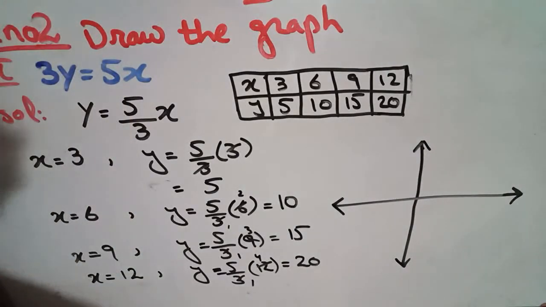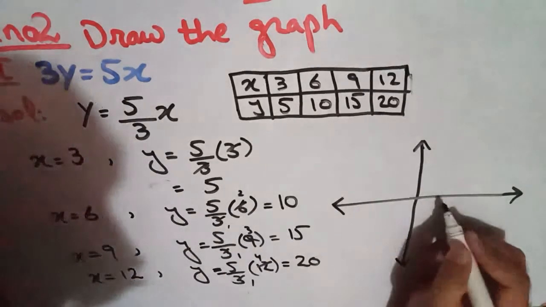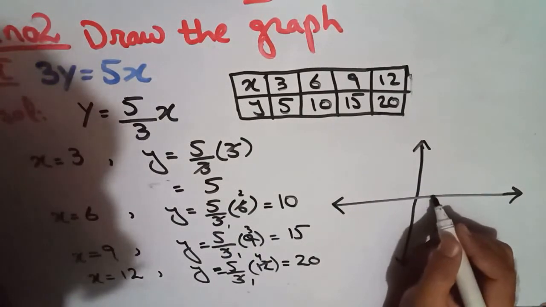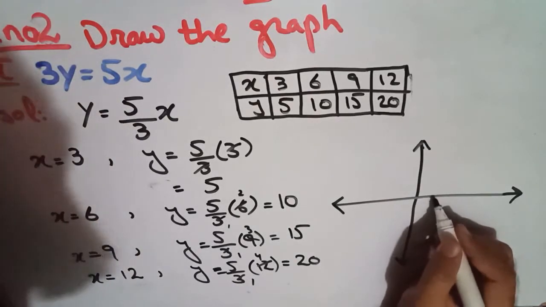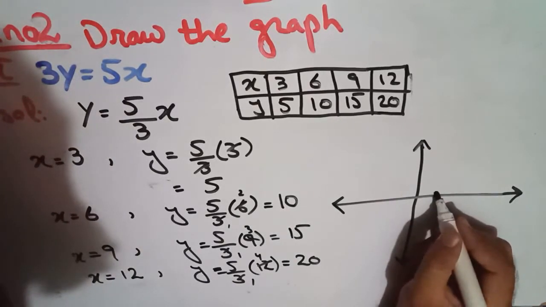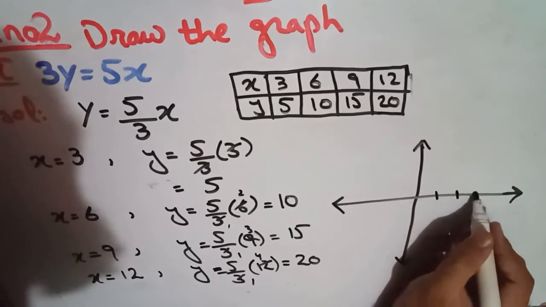Don't worry, it doesn't matter where you have started the graph. You can also use the numbers by adding some intervals, like the values are going up to 12, so you can create 3, 6, 9, 12.